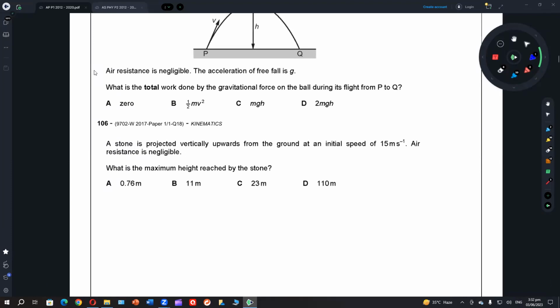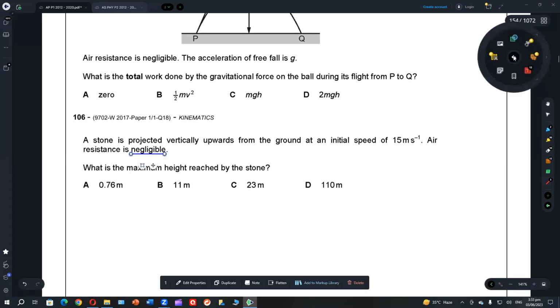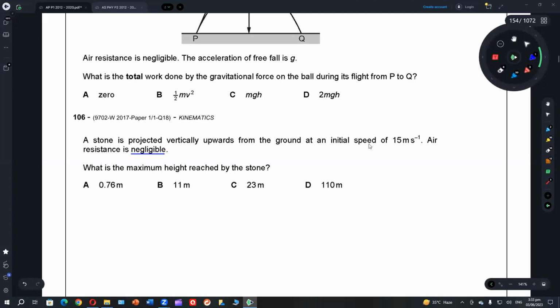A stone is projected vertically upwards from the ground at an initial speed of 15 meters per second. Air resistance is negligible. What is the maximum height reached by the stone?